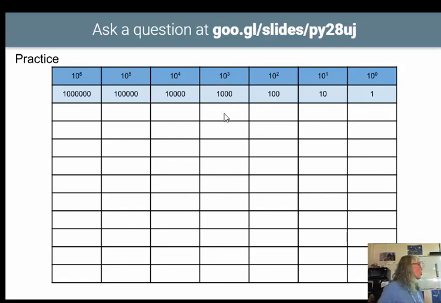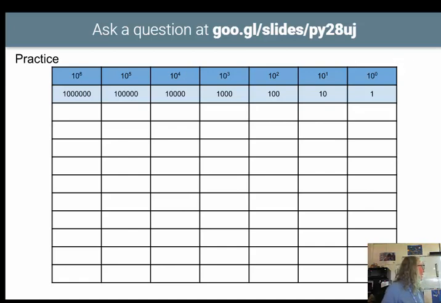What that means is 2 times 10 to the third plus 0 times 10 squared plus 1 times 10 to the first plus 8 times 10 to the 0. When we add all that together, we get 2018. That's how exponents and positional notation works. Pretty straightforward when we're talking about decimal, right?